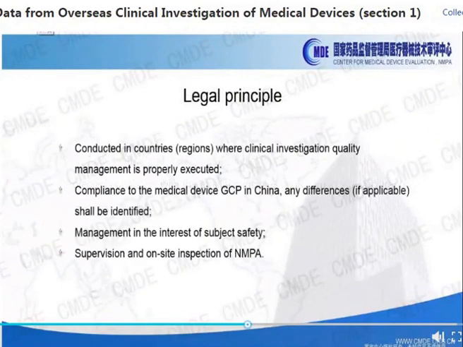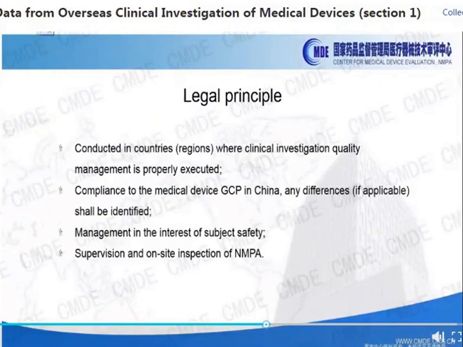And second, legal principle. Overseas clinical investigations shall be conducted in countries or regions where clinical investigation quality management is properly executed and in compliance with the good clinical practice of medical device in China.